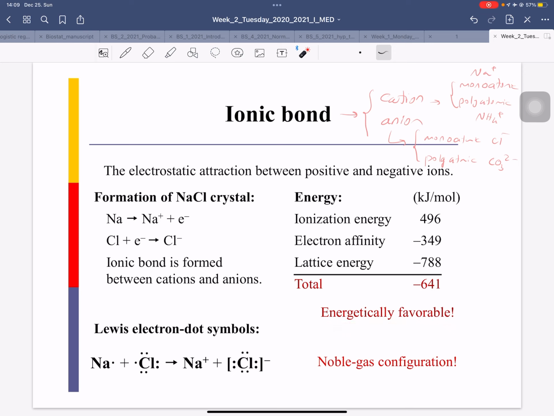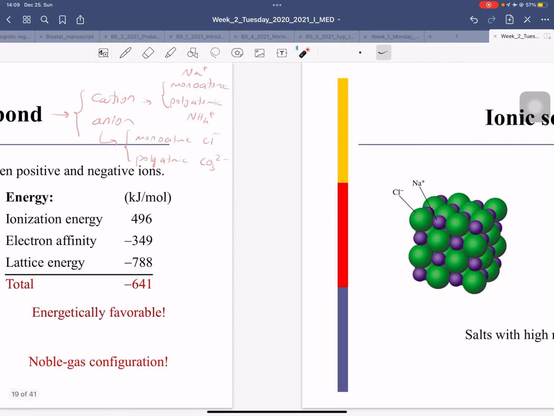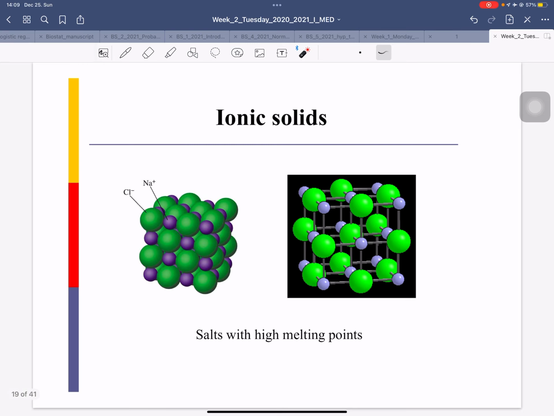And also it usually accepts the octet rule, because chlorine accepts the electron and becomes the noble gas after it, and sodium loses an electron and becomes a cation like the noble gas before it. As you see here, in the lattice energy, every cation has a neighbor anion.